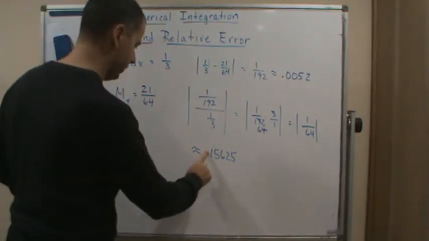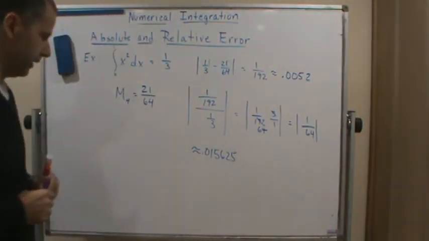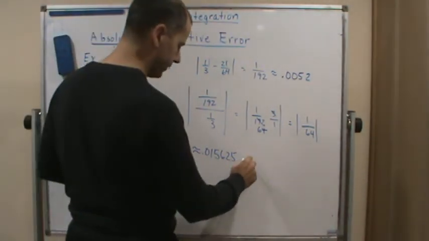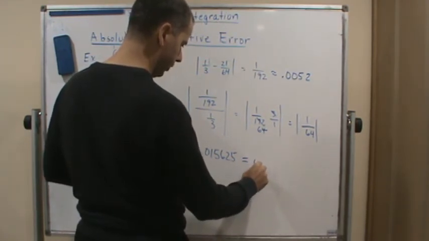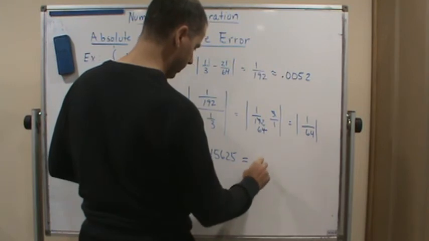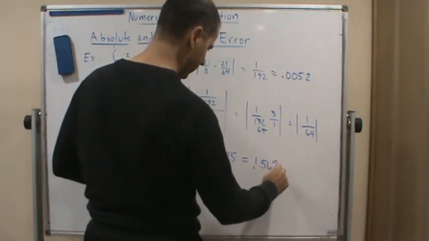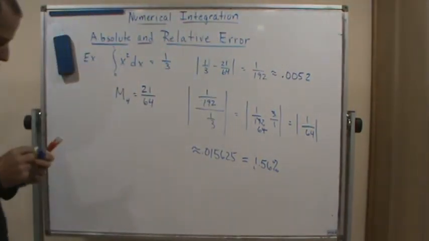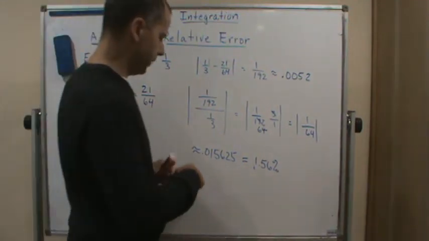Or if we write this as a percentage, it is approximately equal to 1.56% error. Okay, so this would be the relative error.